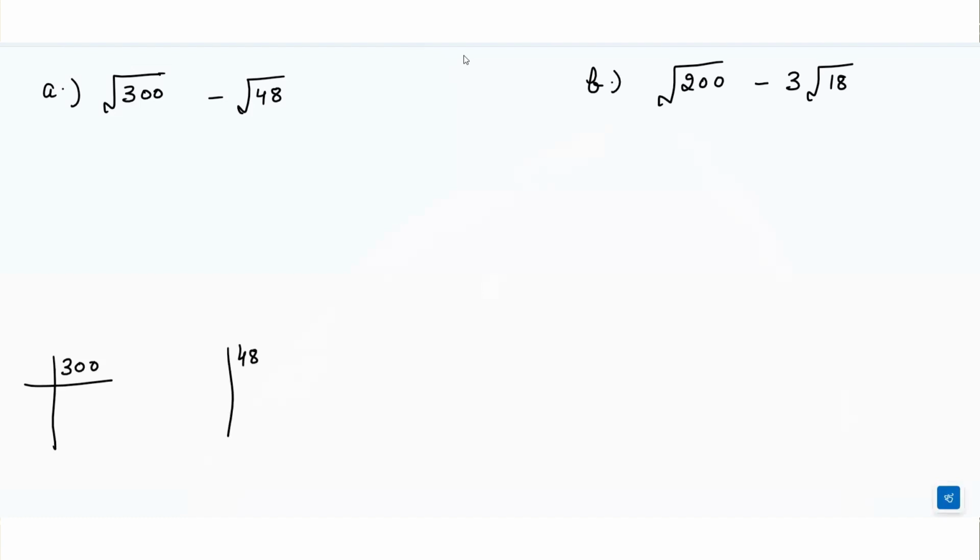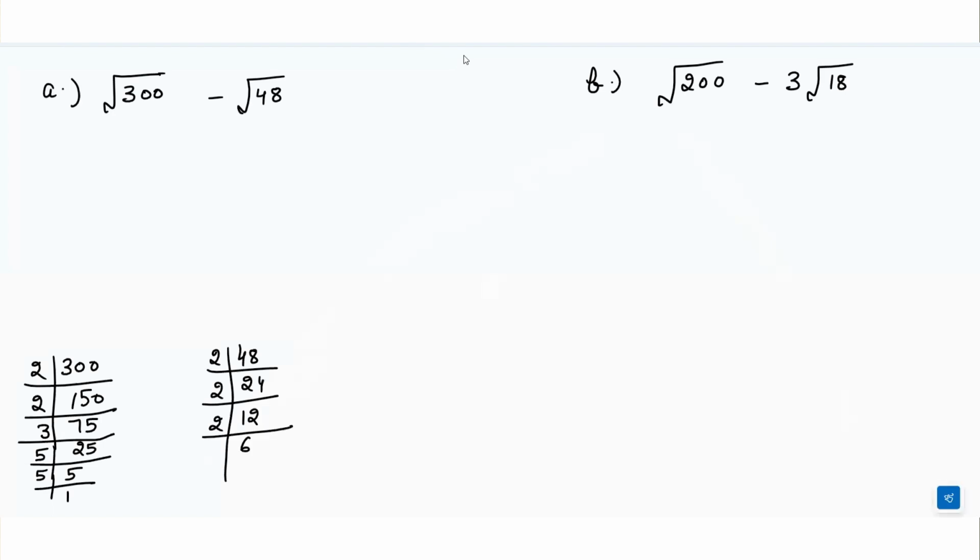So let's find out: 2, 150, 2, 75, 3, 25, 5, 5, 5 and 1. Similarly, 2, 24, 2, 12, 2, 6, 2, 3, 3, 1.